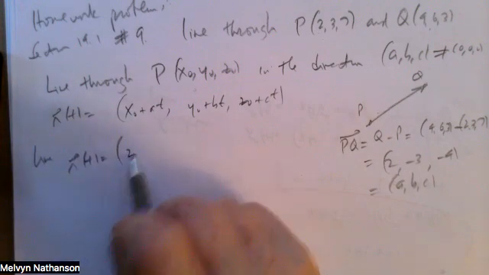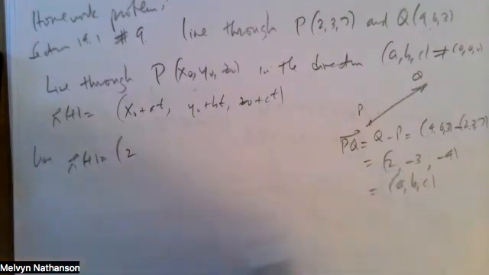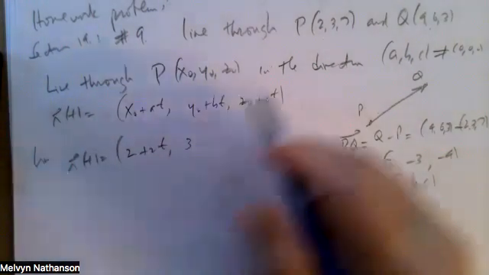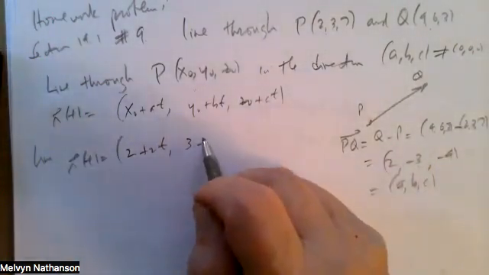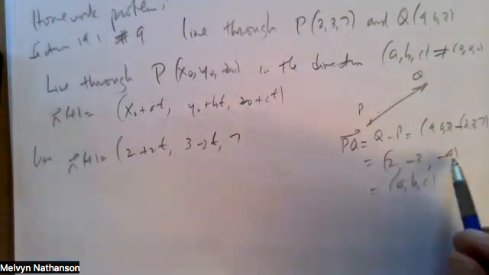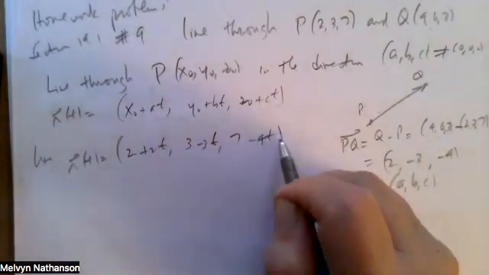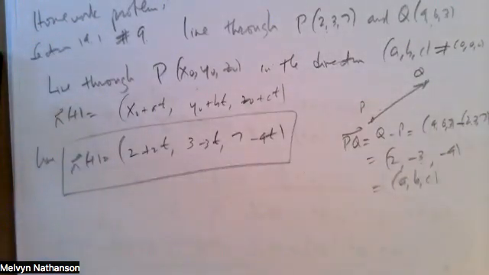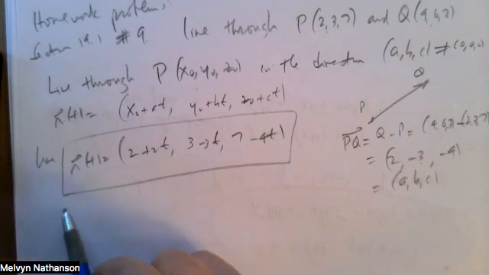So this is 2 plus 2t, 3 plus 3t, 7 minus 4t. So this is the line through these 2 points.